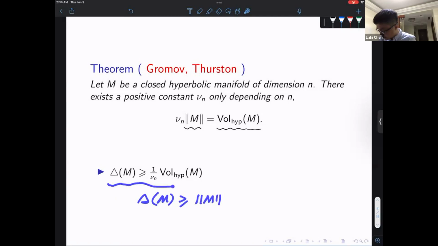So we have this relation: the triangulation complexity has a lower bound in terms of the hyperbolic volume. This is a relation between the two invariants I introduced so far: one is the hyperbolic volume of the hyperbolic manifolds, another is the triangulation complexity.